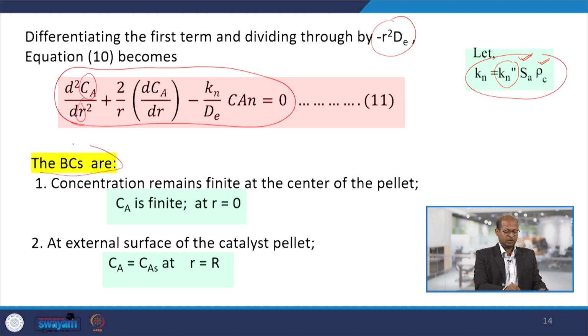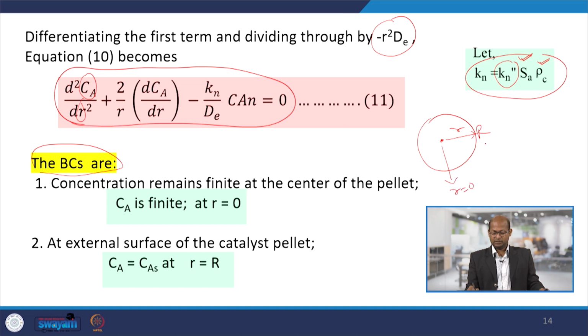To solve these equations we need some boundary conditions. If we consider a spherical particle, here small r equals 0 at the center, and here r equals capital R. Here the surface concentration is C A S, and at other locations the concentration may be different, some finite value.